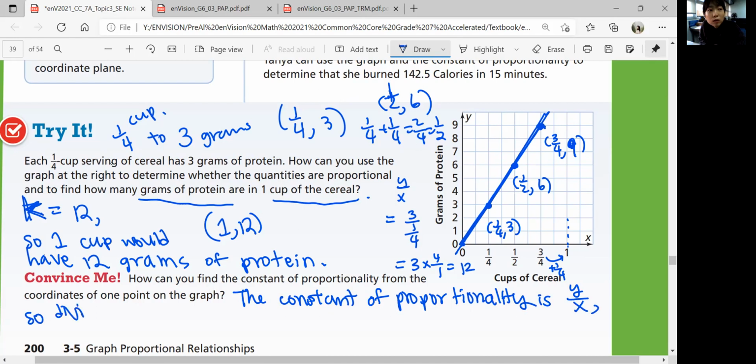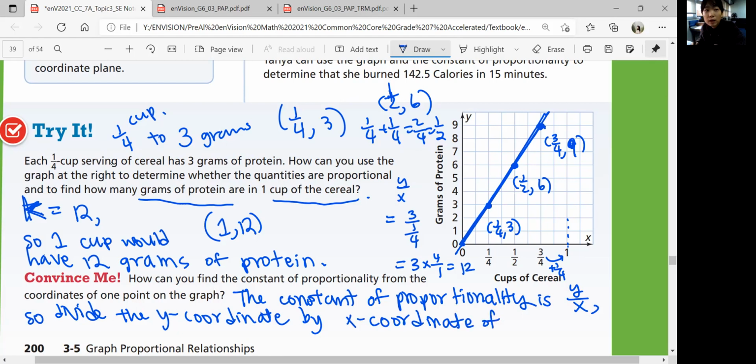So divide the y coordinate of the point by the x coordinate of the point. And this could happen for any point except 0, 0, because you cannot divide anything by 0.